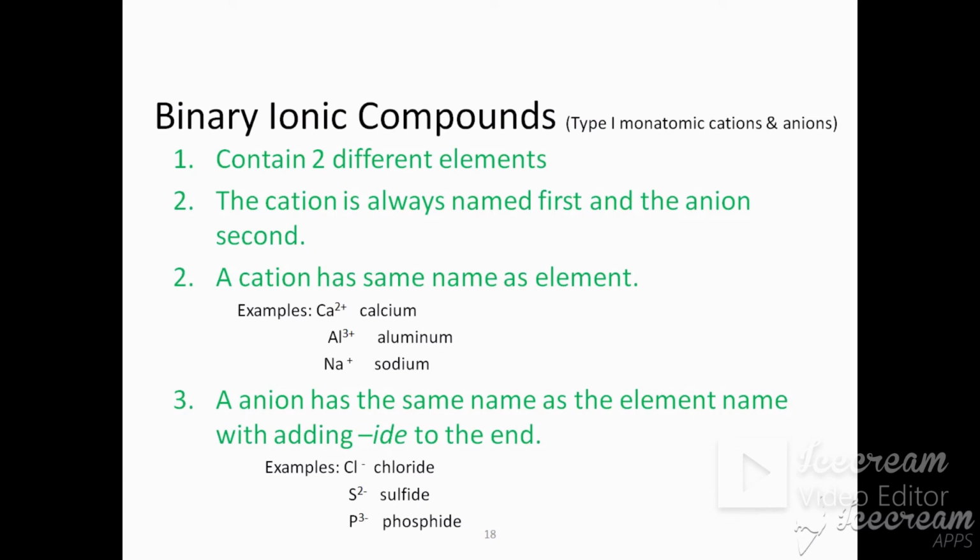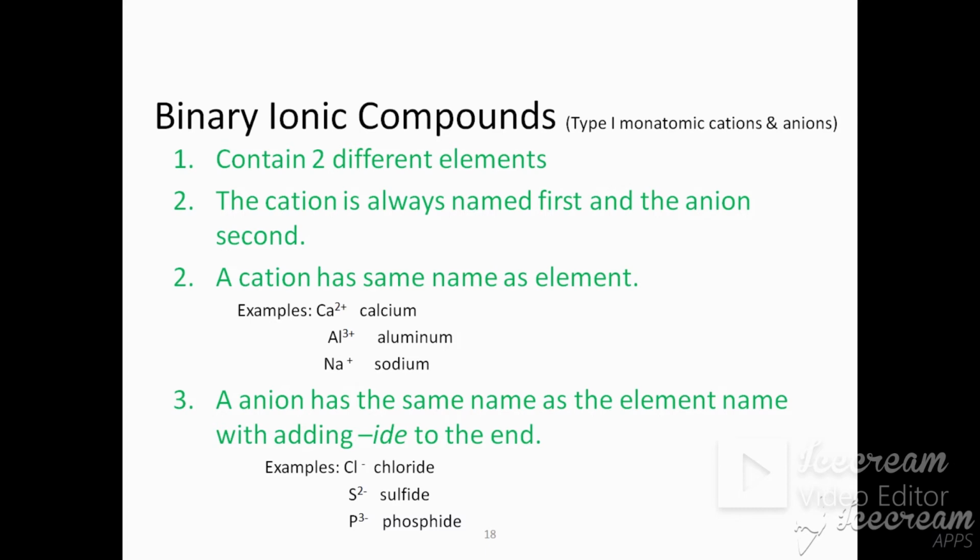Binary ionic compounds, type 1: monoatomic cations and anions contain two different elements. The cation is always named first and the anion second. A cation has the same name as the element. Examples: Ca2+ is calcium, Al3+ is aluminium, and Na+ is sodium.